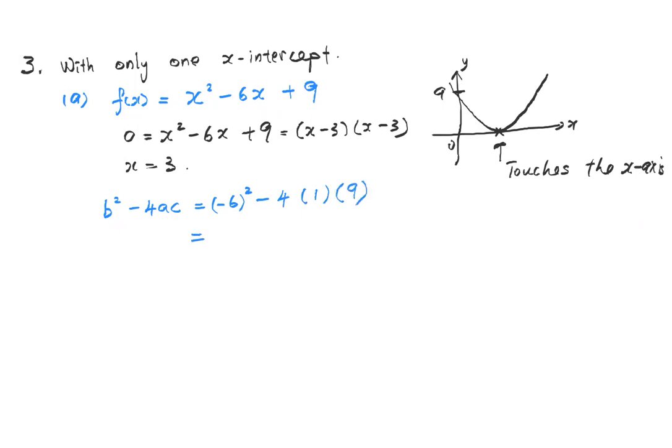So I got 0. So that means if the value of b squared minus 4ac is 0, that quadratic equation will have only one solution. That quadratic function will have only one x-intercept.